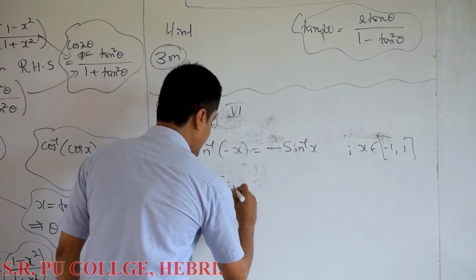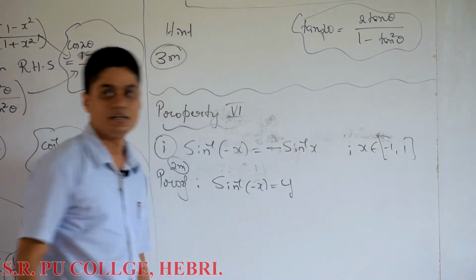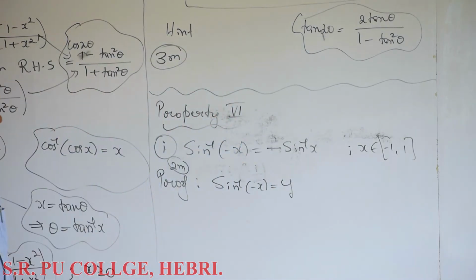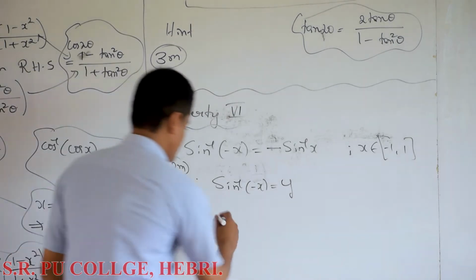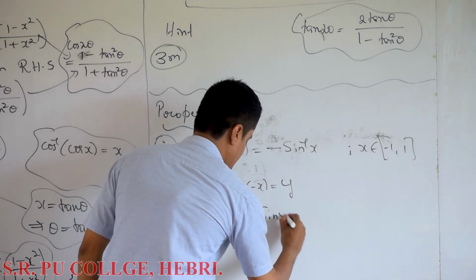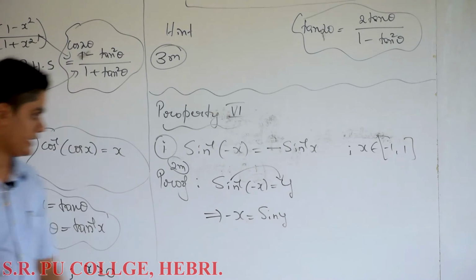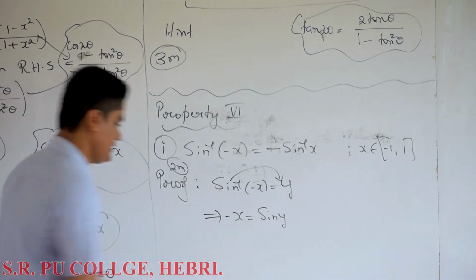Here consider sin inverse of minus x is equal to y, for some real number y. From the definition of inverse trigonometric function, taking sin inverse to this side, minus x is equal to sin y.